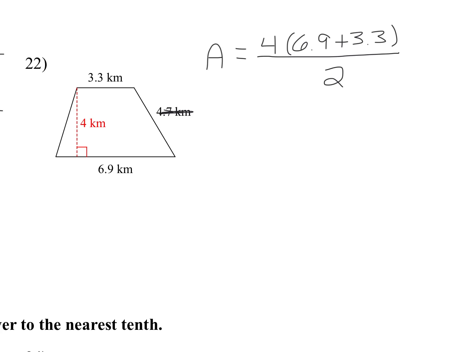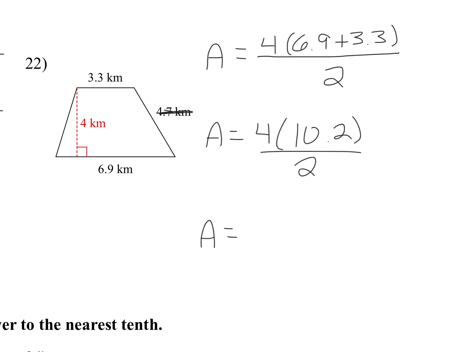What was our first step? Parentheses, 6.9 plus 3.3 is 10.2. Has anyone gotten their answer yet? 20.4. There you go. Kilometers squared.